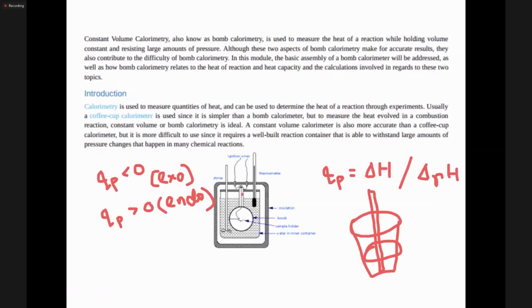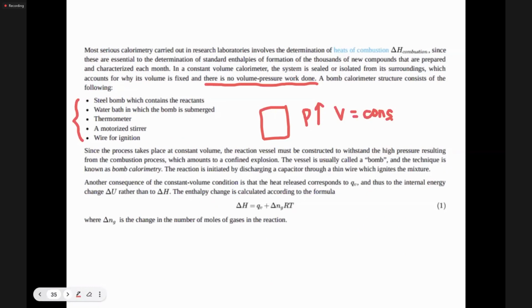You see over here, the ignition wire is shown. So inside this there will be a capacitor which will ignite the reaction mixture. Now another consequence is the constant volume condition. So the heat released corresponds to QV, and thus the internal energy change delta U rather than delta H.